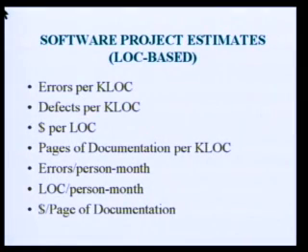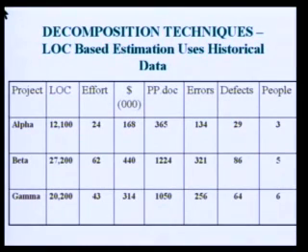That is pages of documentation per KLOC. So here 1050 pages of documentation for gamma project, where the number of lines of code are 20,200. So for 20,000 lines you have written 1000 pages of documentation.